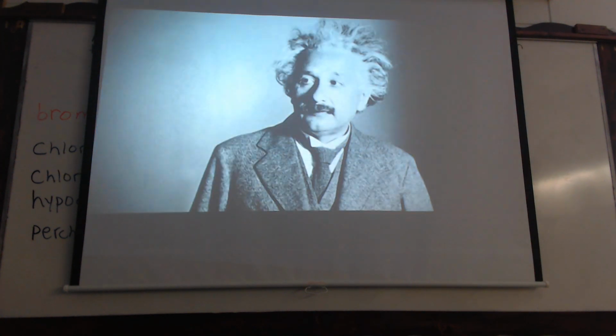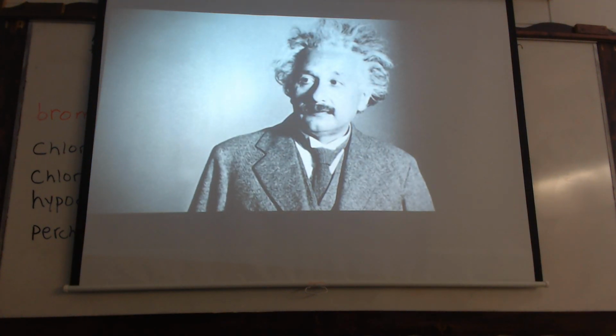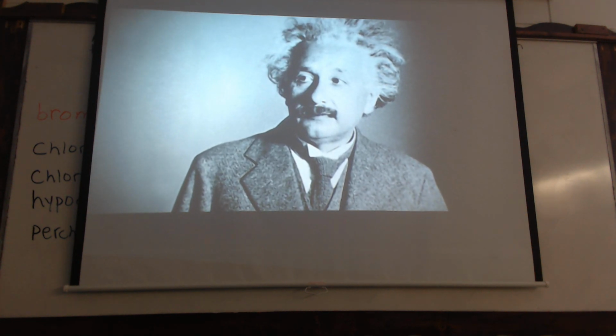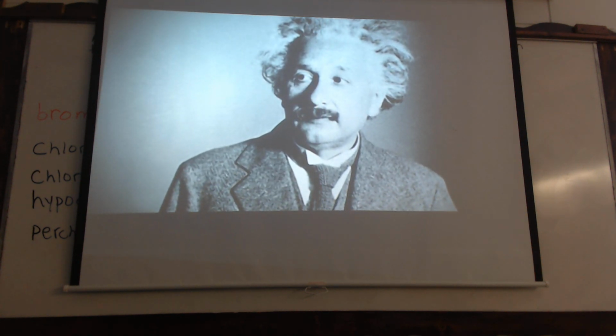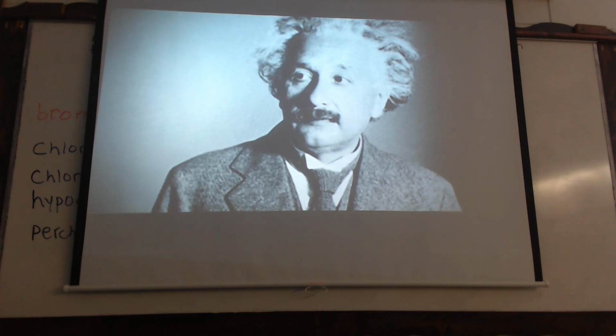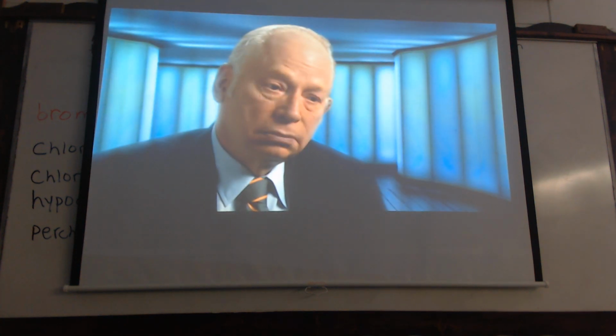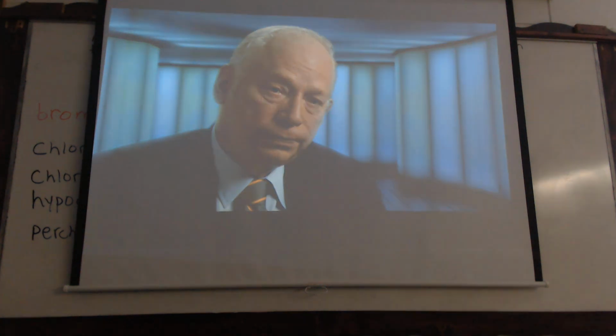And he couldn't. Nature revealed itself in other ways in the 1920s and 1930s, and the particular tricks and tools that Einstein had at his disposal that had been so fabulously successful just weren't applicable anymore.